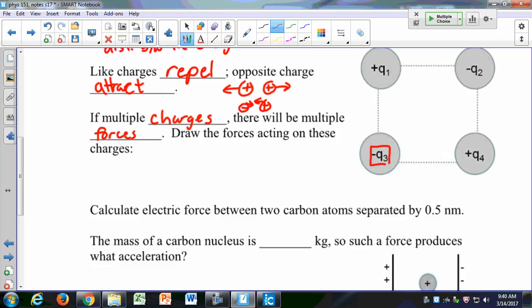It's to the right because I have a negative and a positive. They're going to attract one another. So the force F3 due to Q4 is going to be in this direction. That is the force on particle 3 due to particle 4. Take just a moment to draw the other force vectors that are acting on that particle Q3.